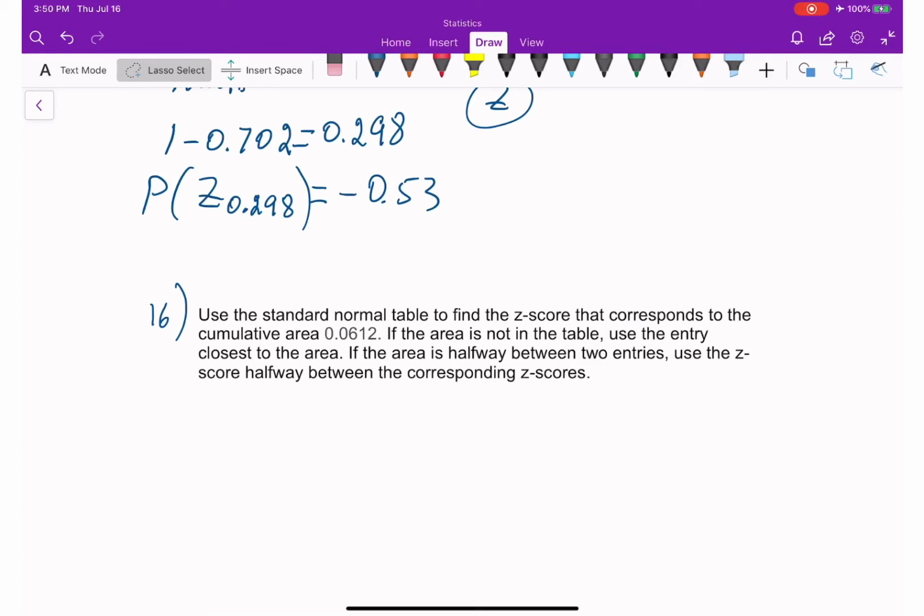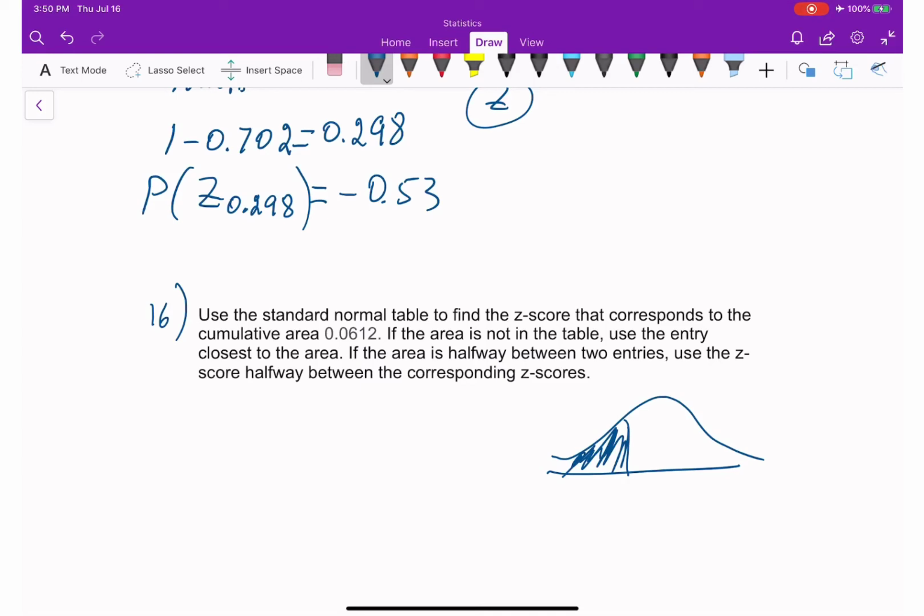Cumulative area 0.0612, that's a probability. Let's say this is the area to the left. It doesn't say to the right, that means we assume to the left. It says if the area is not in the table, then use the closest one. I already mentioned it. If the area is halfway between, then you need to take the halfway between the corresponding z-scores.